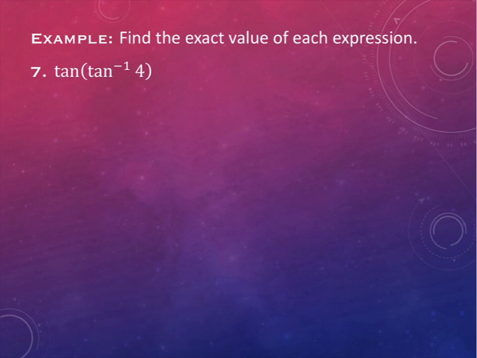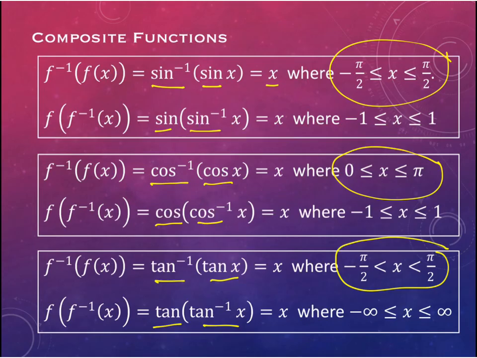So if you take a look at the inverse tangent, and we have the features over here. Let's actually look back at it. Inverse tangent, it tells us that when you have this order set up, which is the one that's on our problem, tangent of inverse tangent, that this works and it will equal x when we're at any x value. Right? Anything, negative infinity to infinity. That's good news because it doesn't matter what the x value is, it's going to work.